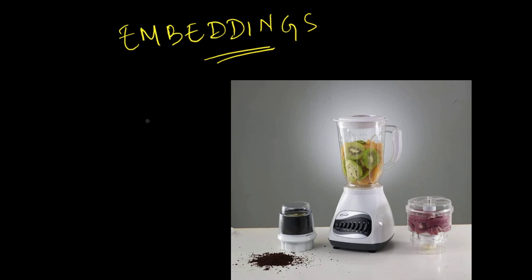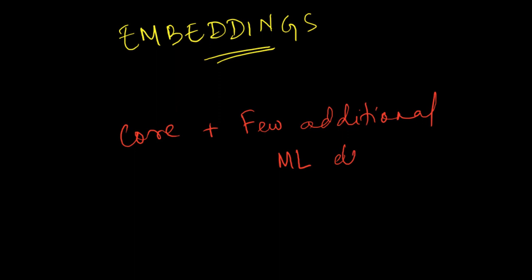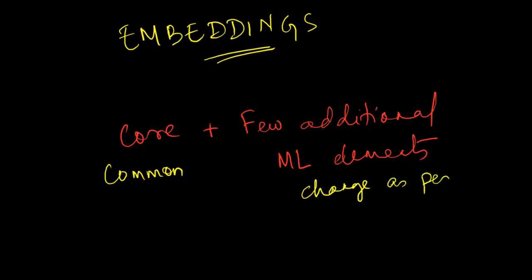So basically the idea of embeddings has a core plus a few additional ML elements. This core is basically a common core, and it is these additional elements that change as per the specific problem.